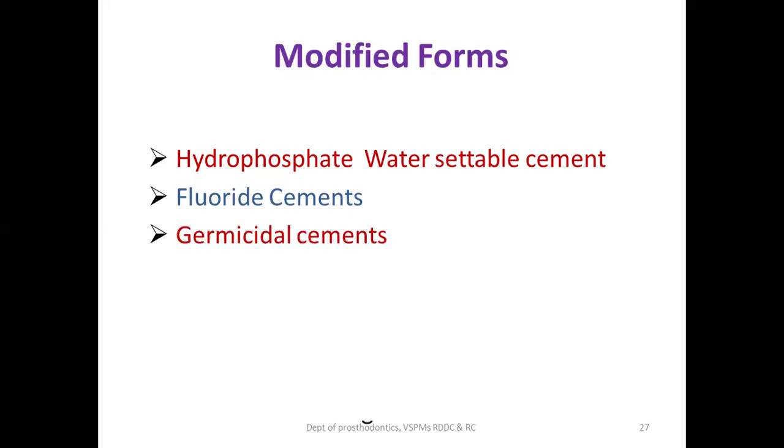Then the third cement is a germicidal cement. As the name suggests, you must have some idea. Germicidal means either antibacterial or antiseptic property that is given to this type of cement. So here certain silver salts or copper oxides are added in the powder of the zinc phosphate cement.